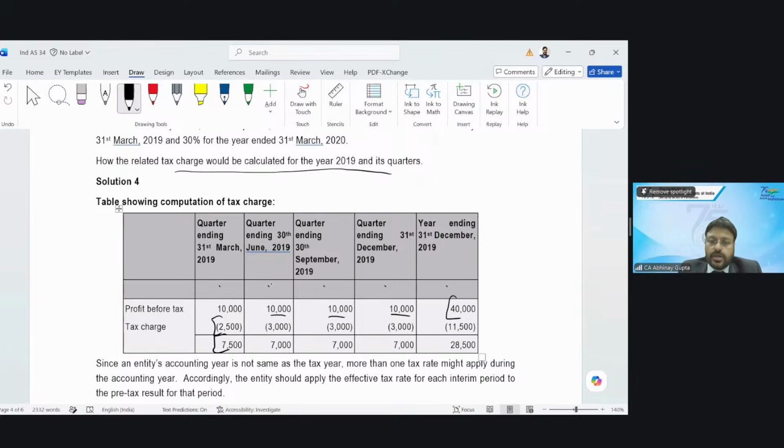So for these 3 quarters, the tax expense would be calculated at the 30% tax rate because it is effective, given in the question for the next year. So 7,000 would be the profit after tax, and 28,500 for the year. So this is how the picture for each of the quarters and the year end will come through. Clear?